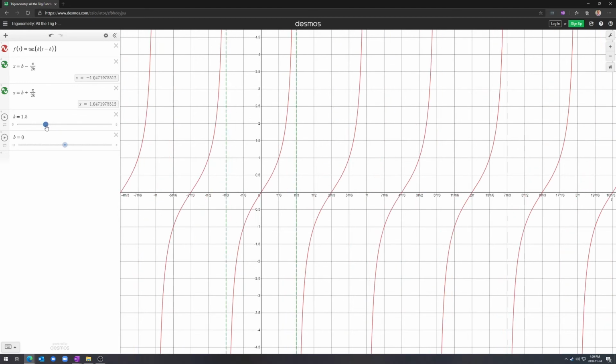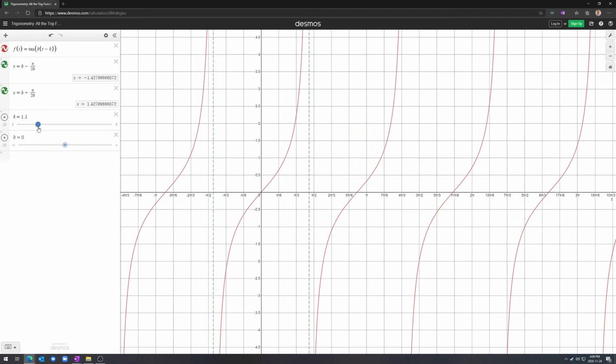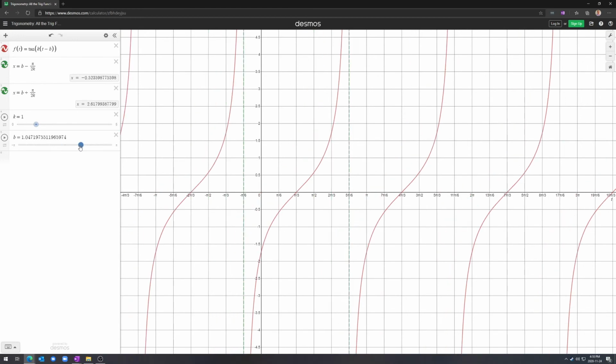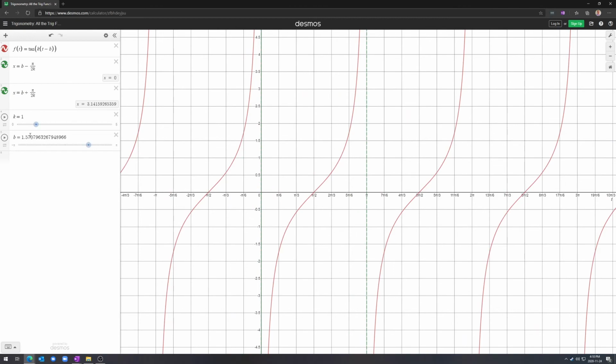Let's go and put this back to a normal period of pi. There's my normal graph. What if I shift this forward by π/2? Well, this is now a graph that has a vertical asymptote at t equals 0 and t equals pi. So by shifting, I've moved these asymptotes forward, and by stretching, I move the asymptotes closer or farther apart.